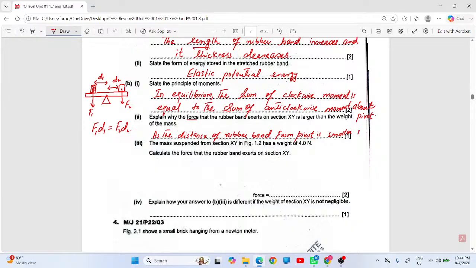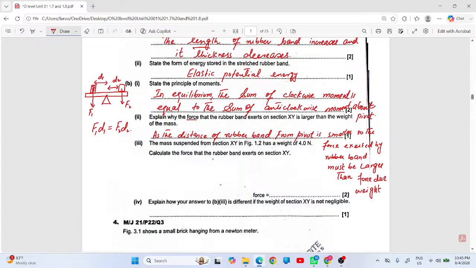So the force exerted by rubber band must be greater than force due to weight, force due to masses of weight.